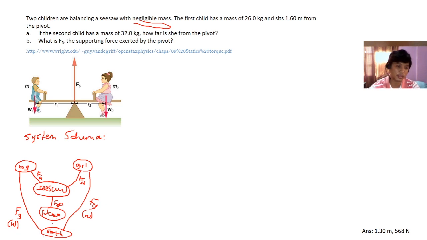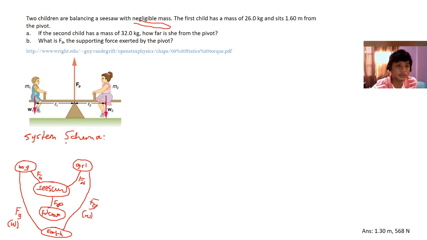The fulcrum I will not connect because it's really connected to the earth here, although I would say that it is a part of the earth because it's connected to the earth.